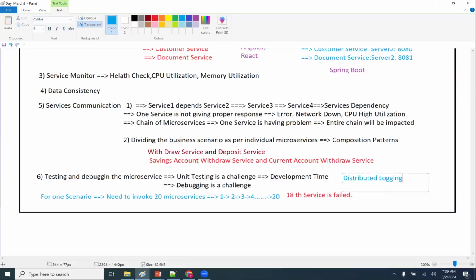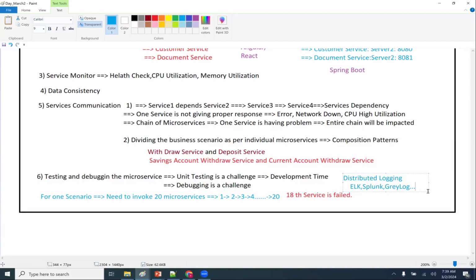Something like the ELK stack, Splunk, Graylog. These are the options here. So that is a challenge we are going to address: how to debug my microservice efficiently. That is what we are letting you know.